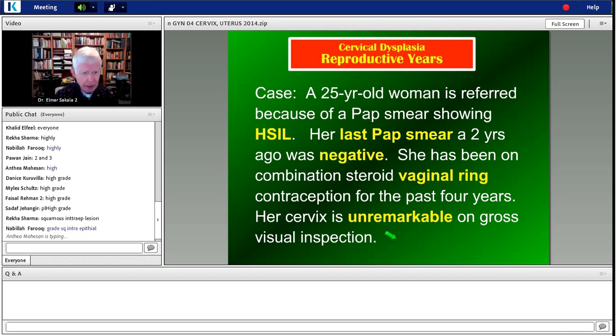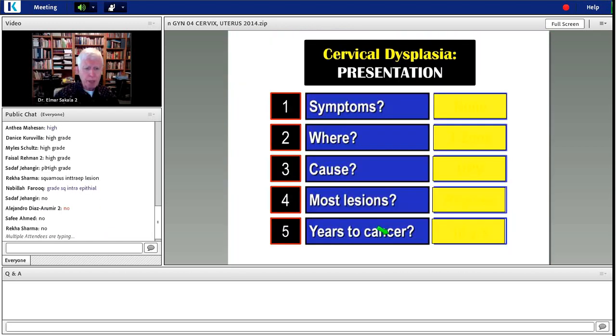Does that make sense? Would you expect a patient who had an abnormal pap smear to have a visible abnormality? How does it present? What are symptoms?